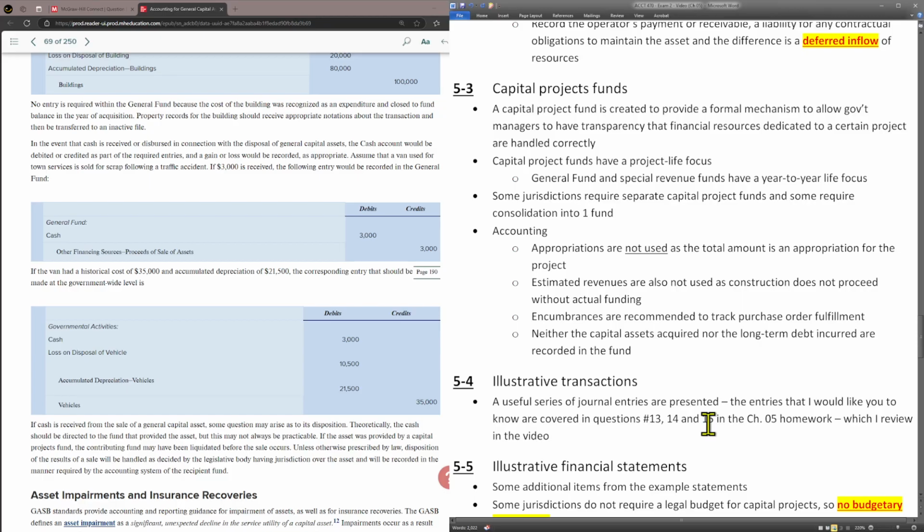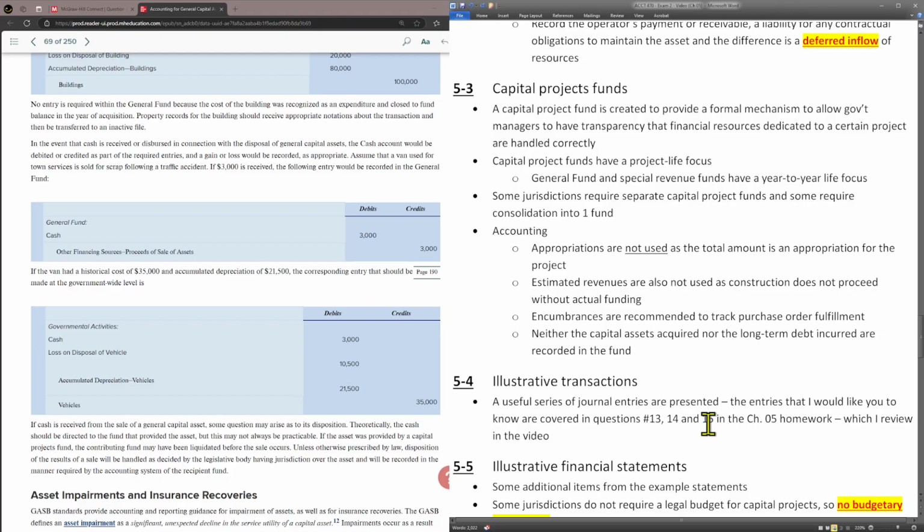But fortunately, I'm going to say fortunately, appropriations are not used because it's assumed that the total amount of the capital project fund is an appropriation. So we don't need to break it down any further. If you set up a capital fund for a project, that's the amount that you're appropriating to build the bridge or build the tunnel or whatever you're doing.